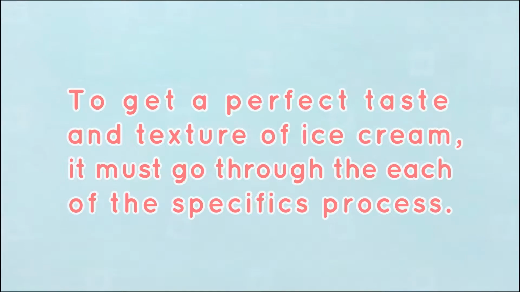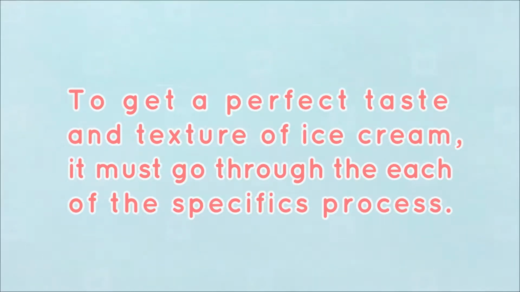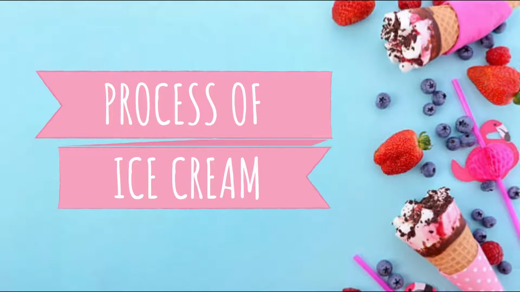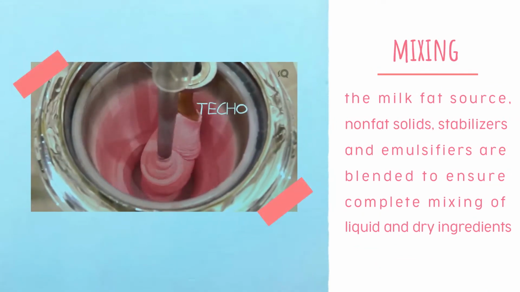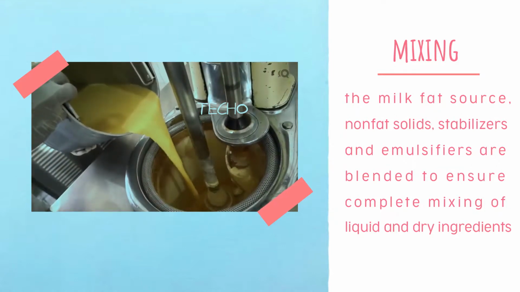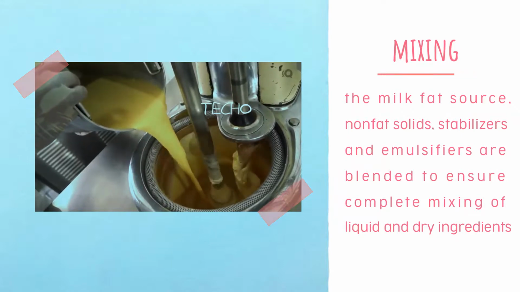To get a perfect taste and texture of ice cream, it must go through each of the specific processes. Mixing. The milk fat source, non-fat solids, stabilizers and emulsifiers are blended to ensure a complete mixing of liquid and dry ingredients.